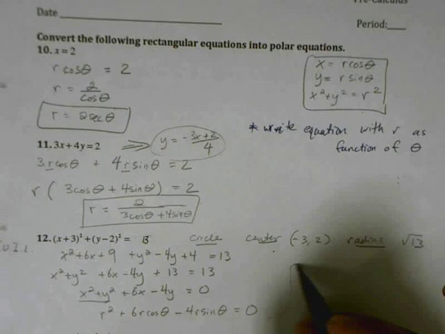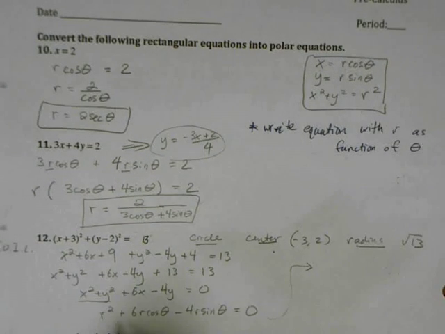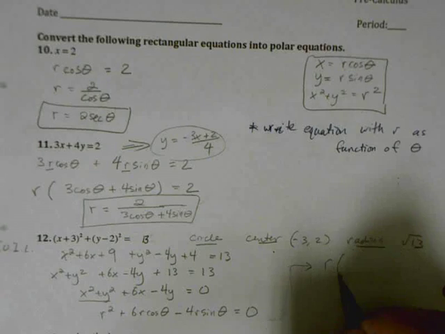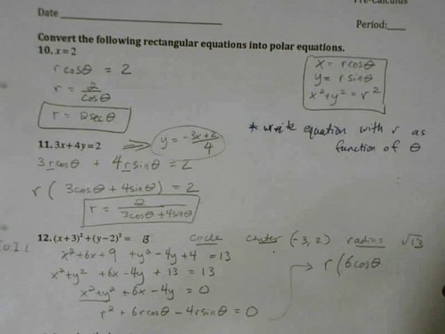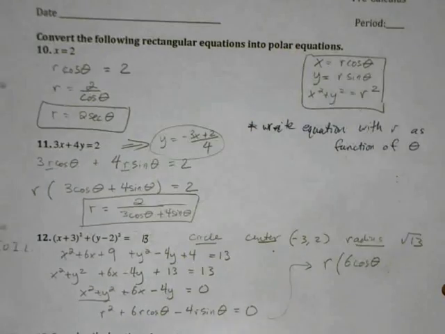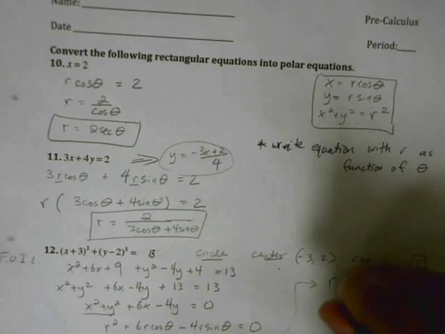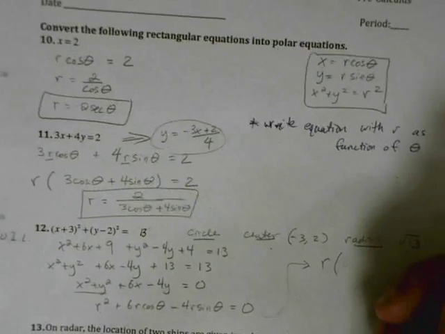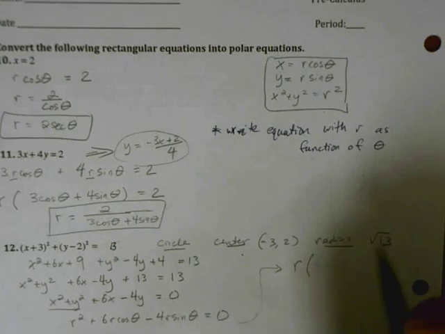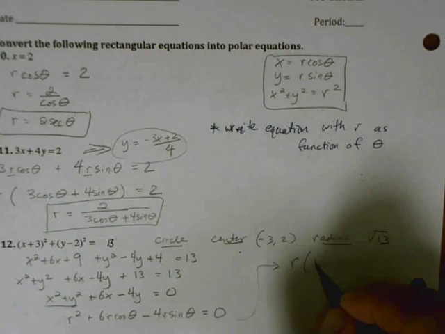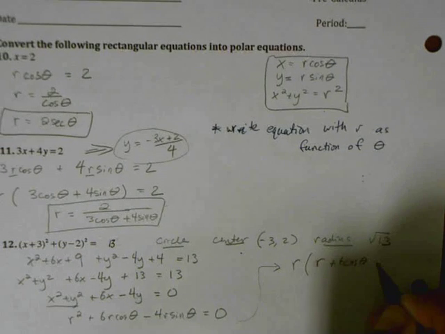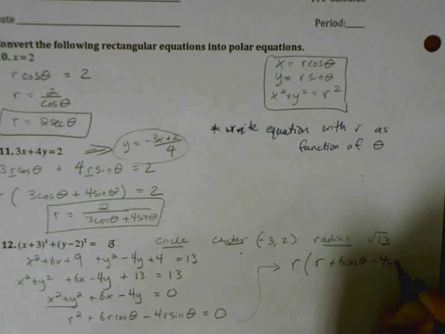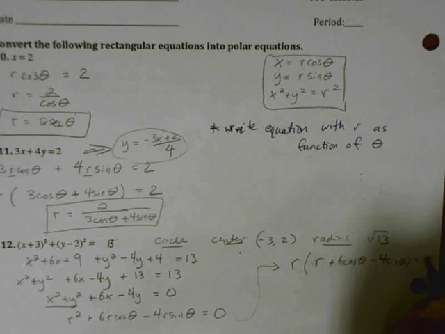I'm going to continue the problem over here. I'm going to factor out r, and that gives me r times r plus 6 cosine theta minus 4 sine theta equals 0.